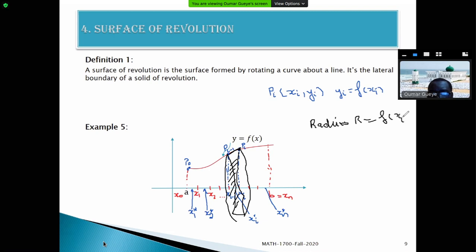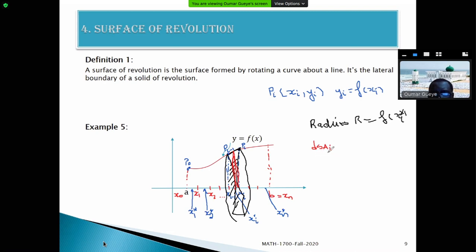Just keep in mind xi star is a point from this interval. That's what I did here. This is the radius. Let me take the red color. So your xi star is here, and this is the radius, approximately. So if you want to calculate the surface area, I'm going to call it dSAi.